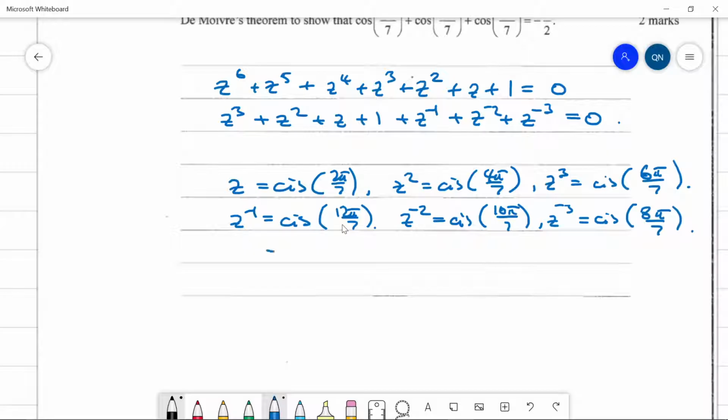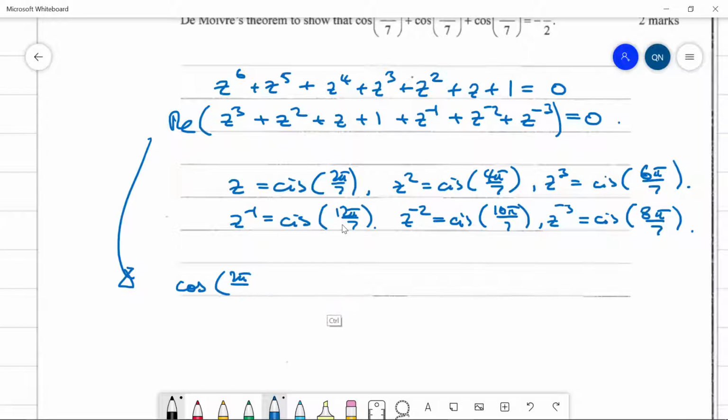But these guys over here, if you expand everything out in terms of cosine and whatnot, I believe the imaginary parts should cancel each other out. Right, so if you take a look at the real parts of this expression, what we end up getting is cosine of 2 pi on 7, plus cosine of 4 pi on 7.